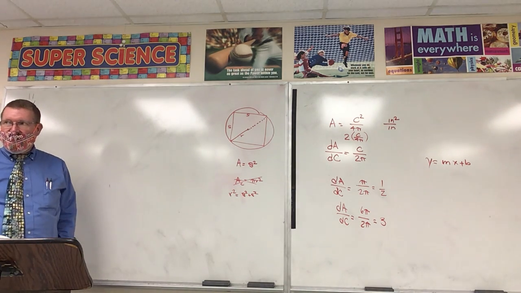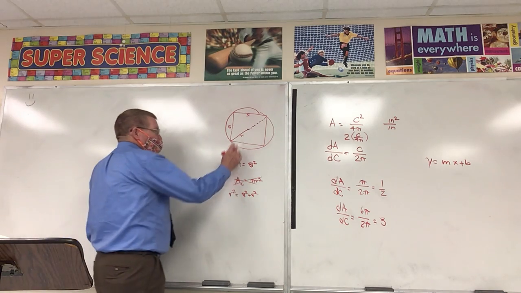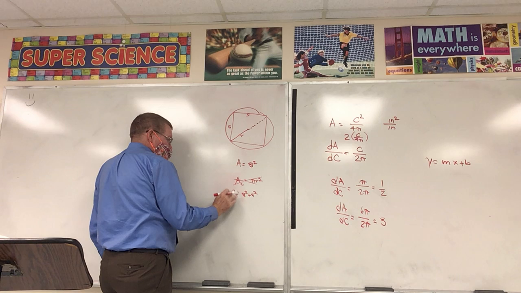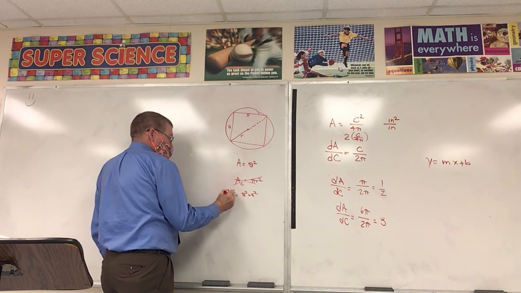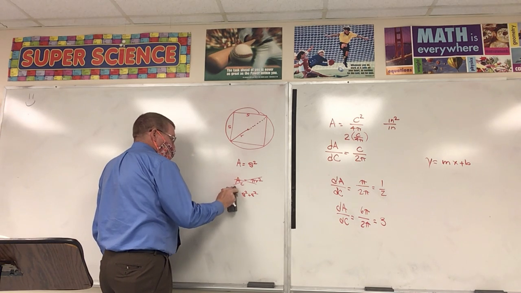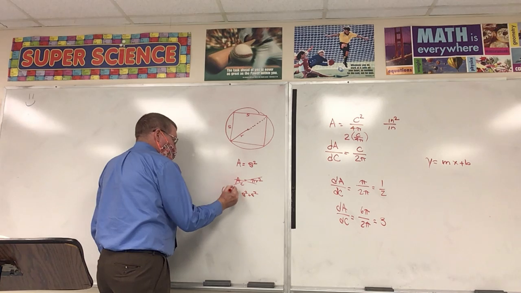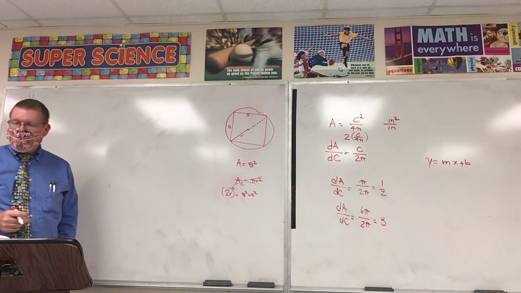Although the hypotenuse would really be 2r, so 2r squared equals s squared plus s squared.